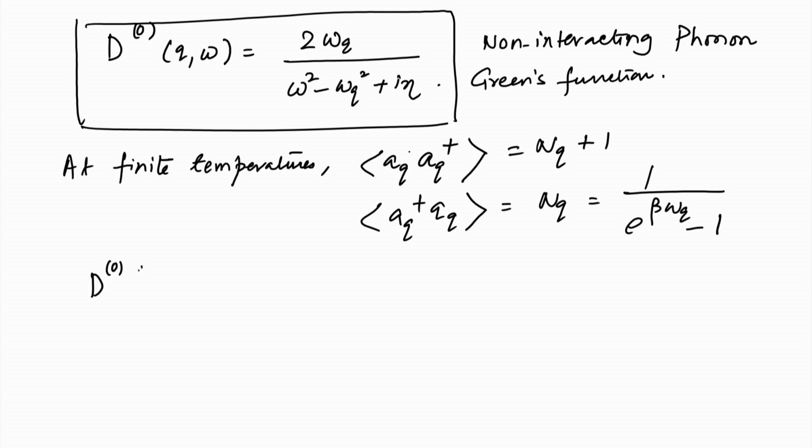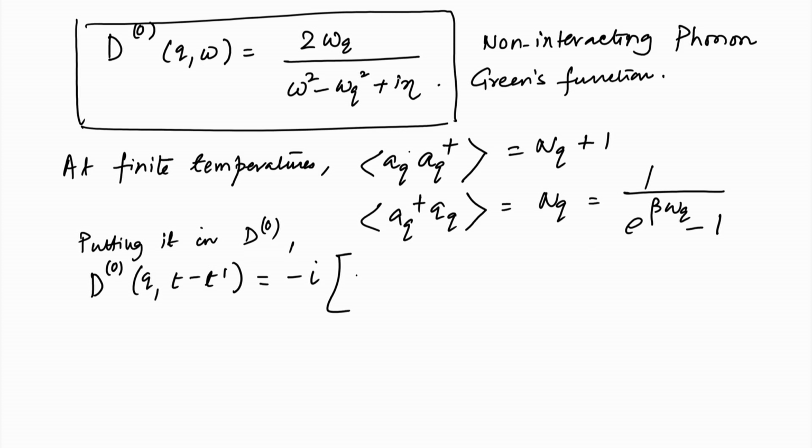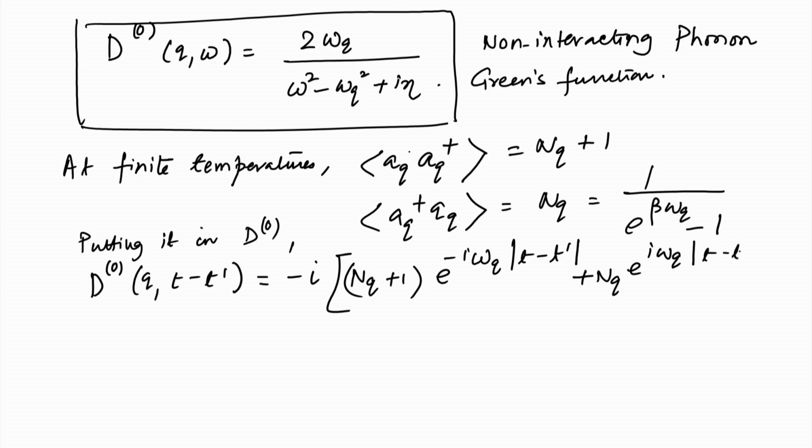So, it is D0(q, t minus t prime) equal to minus i, putting it in D0, and then there is an (n_q plus 1) exponential minus i omega_q mod of (t minus t prime) plus an n_q exponential i omega_q (t minus t prime), and that is the 0th order propagator for phonons.